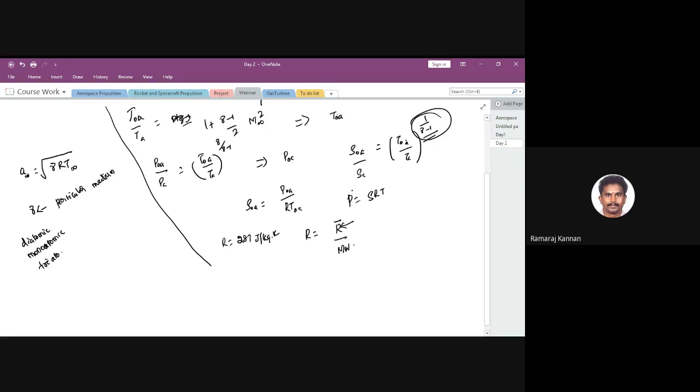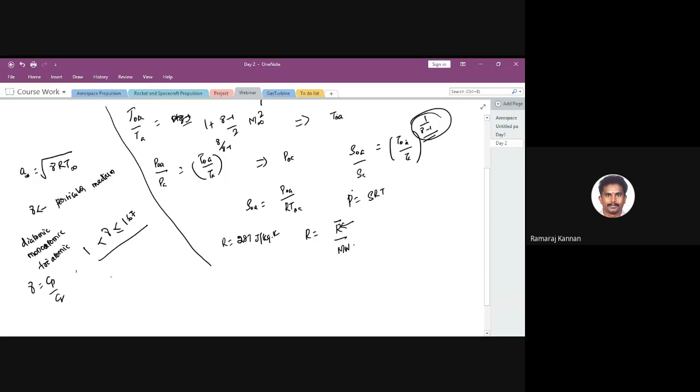As I told you last class, gamma varies between 1 and 1.67. Gamma is nothing but the specific heat ratio, Cp by Cv.